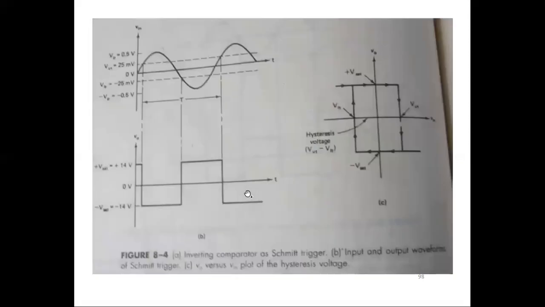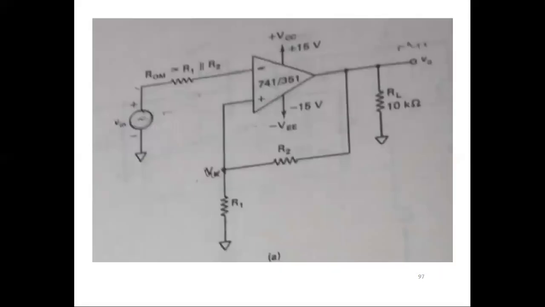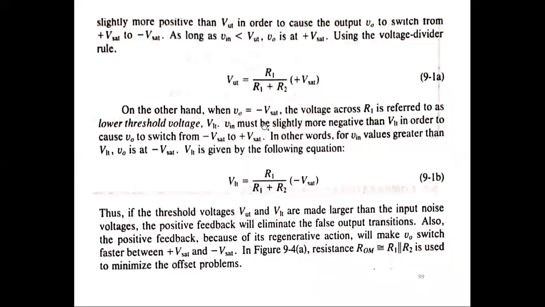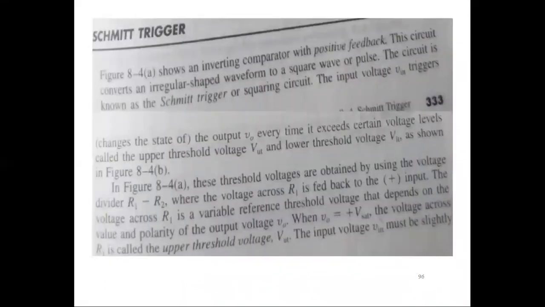Thus we will have the expressions which are something like this. Upper threshold will be R1 by R1 plus R2 times plus VSAT. Lower threshold will be R1 by R1 plus R2 times minus VSAT. So the threshold voltages are obtained by using the voltage divider network R1, R2, where the voltage across R1 is fed back to the positive input.